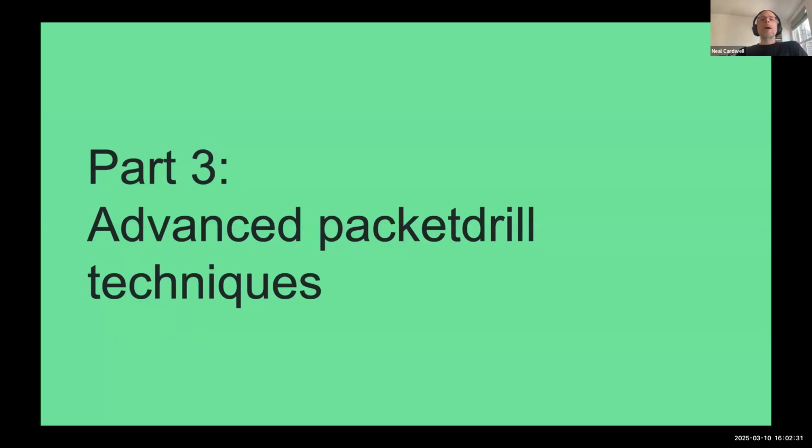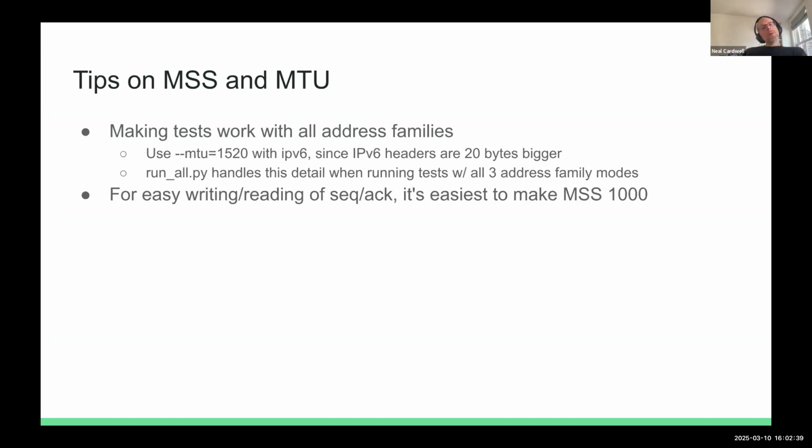So I'll spend a little time with some more advanced tips and tricks and nooks and crannies. So some thoughts on MSS and MTU. This is a key part of making tests work with all address families. With Packetdrill, the default MTU we use is 1500, as you would expect.